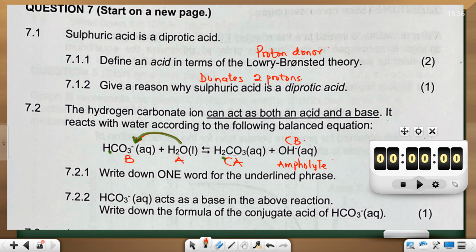So what's my answer for this? H2CO3. Guys, before we start struggling with the 8 marks, 10 marks of acid and base, these marks are in, you cannot lose these marks and still go and lose the 10 marks.